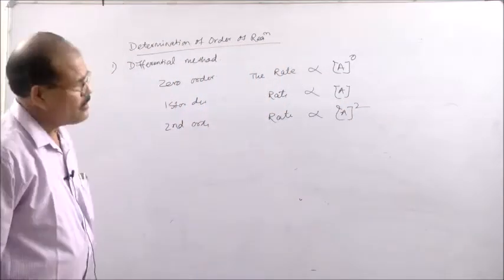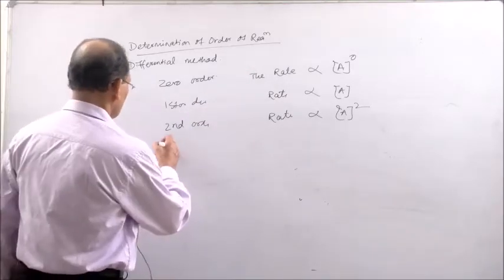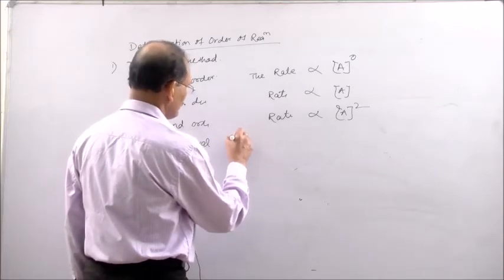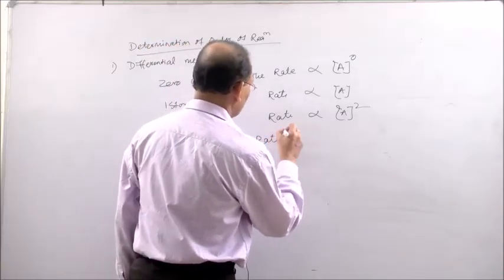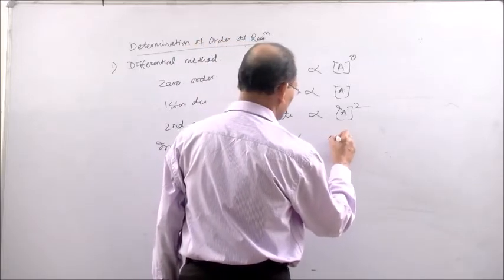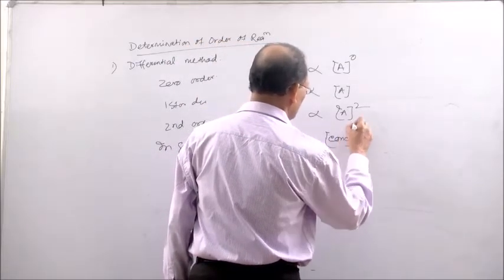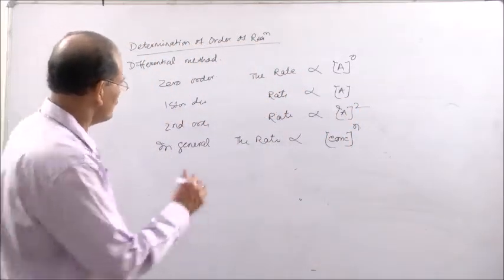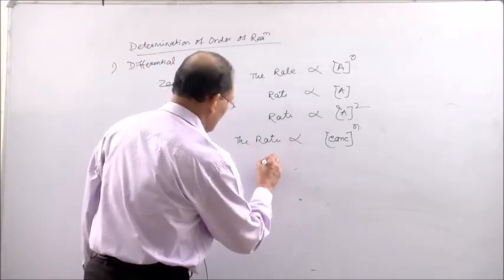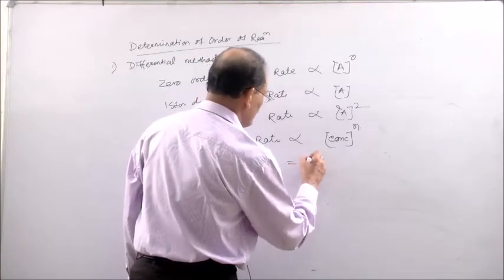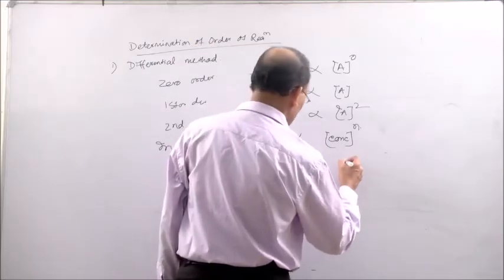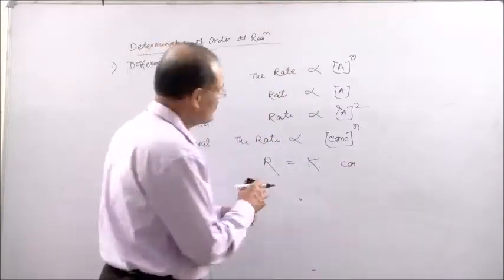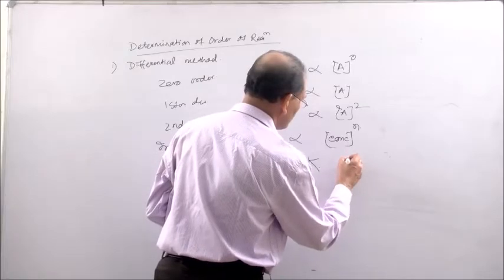So in the general form, we obtain that the rate of any kind is directly proportional to concentration to the power n, for nth order. So here we can take rate R equal to a proportionality constant K and the concentration A to the power n.